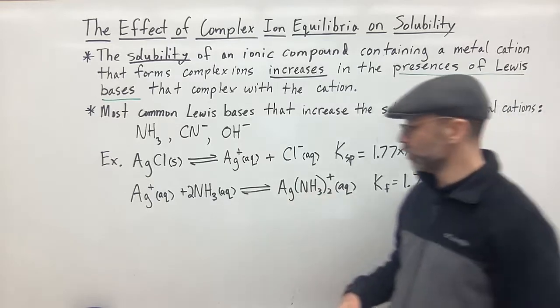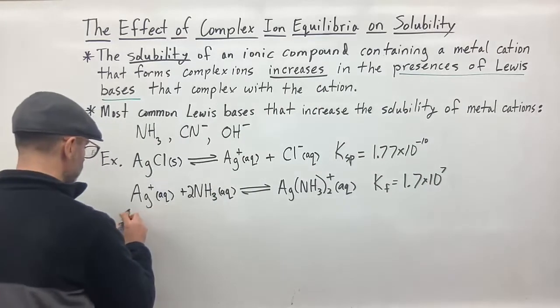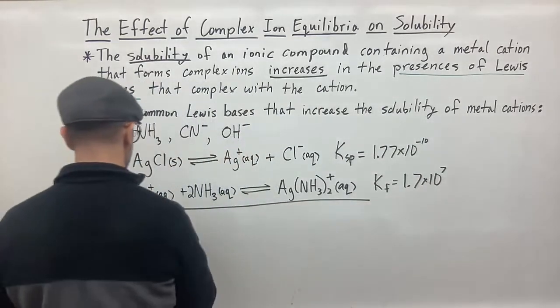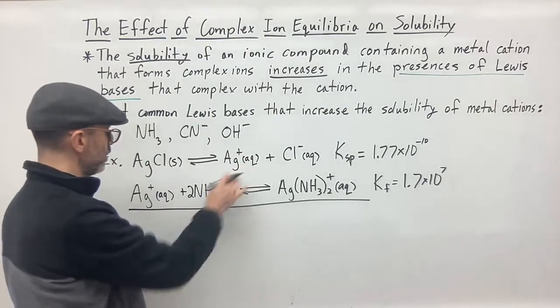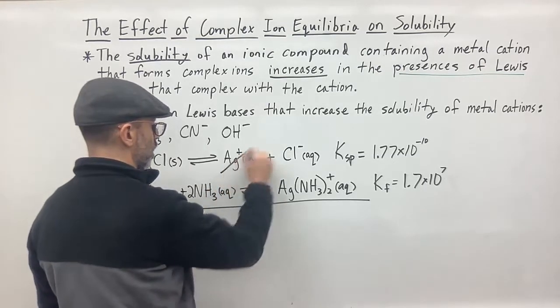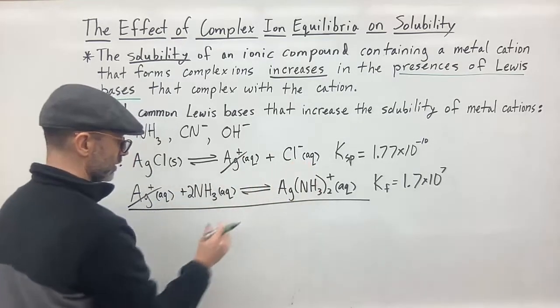And so what we can do is add these together to get the overall equation, right? Here you produce the silver ion, and here you use up the silver ion, so we can cross that out, and everything else stays.